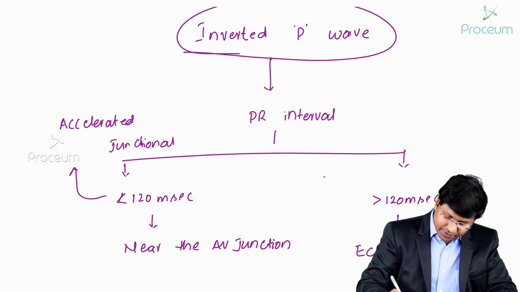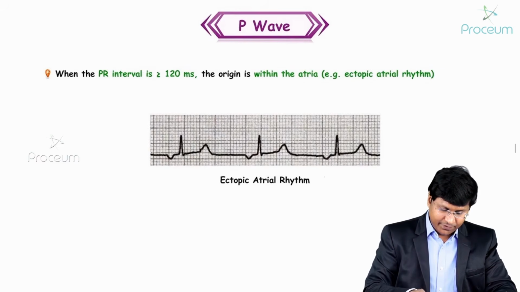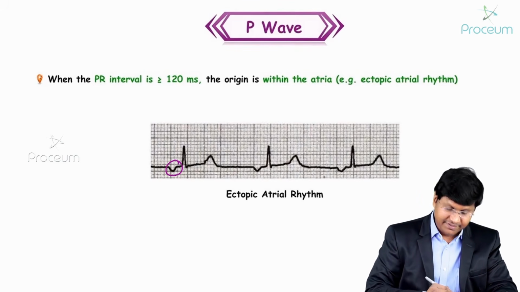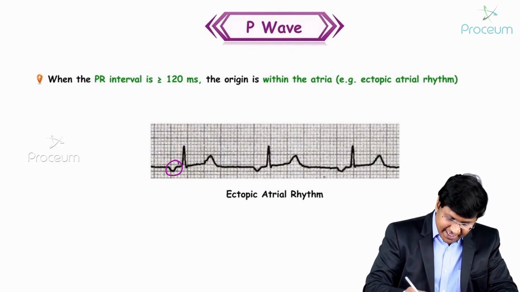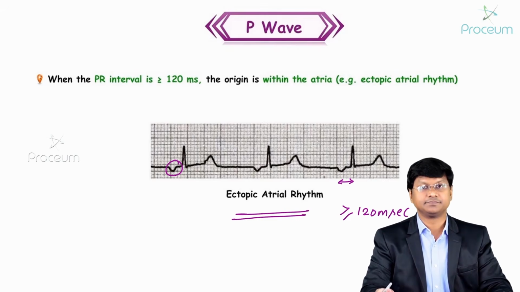Now, let me show you that particular ECG strip as well. If you take this ECG strip, you can make out that the P wave is inverted here, and the PR interval, if you calculate, is more than or equal to 120 milliseconds. So this we call ectopic atrial rhythm.